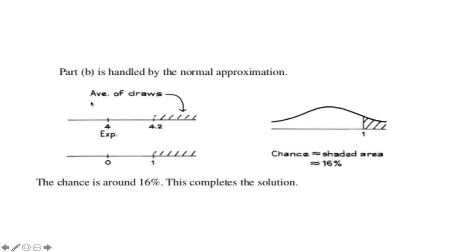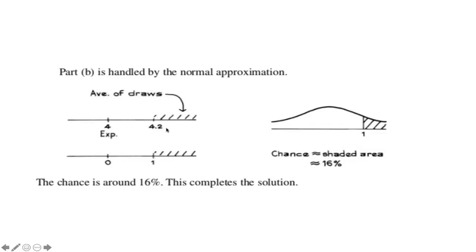I want to know the probability that I get 4.2 or bigger. If I convert those into Z-scores, or standard units, the average 4 becomes a 0, and 4.2 is 1 SE away from the average, so it converts to a 1.